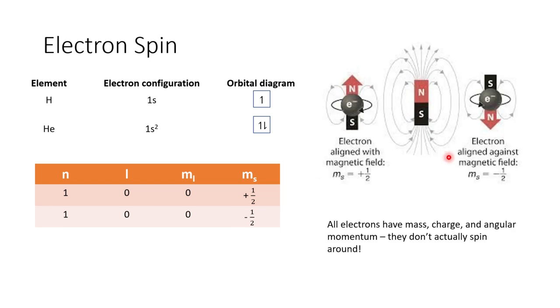And so electrons have mass, charge, and angular momentum. So again, it's not like a top spinning around. It's this angular momentum. Is the electron aligned with the magnetic field to give a positive spin, or is the electron aligned against the magnetic field, a negative spin? You also might hear this called spin up and spin down, and we indicate that with these arrows.